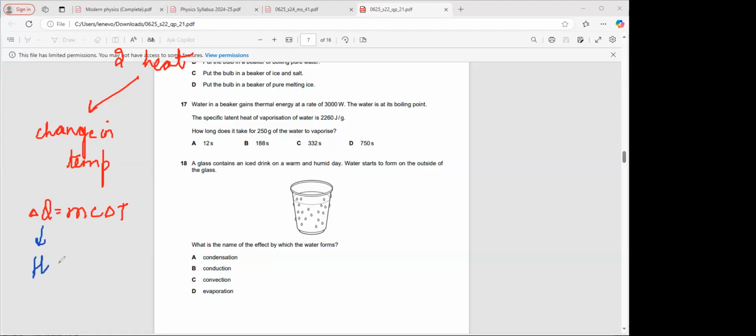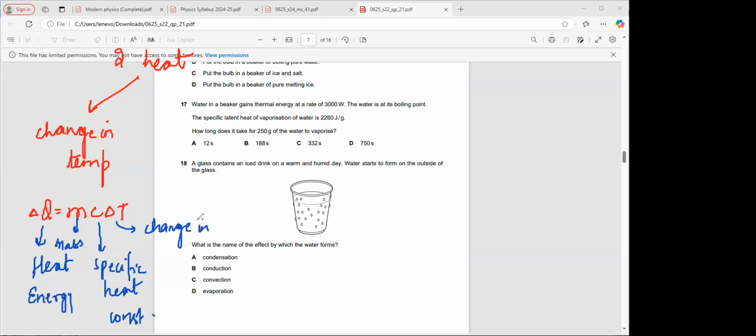Delta Q is the heat energy. M is the mass. C is a constant which is called the specific heat constant. And delta T is the change in temperature. Don't write, I'll give you time to write.